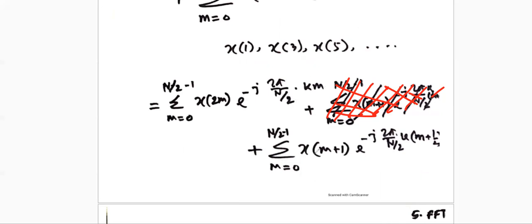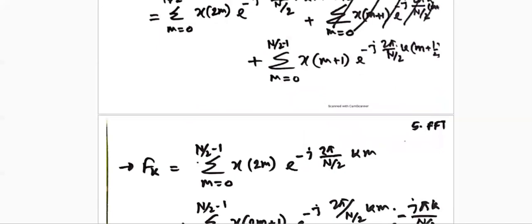On the other hand, for the odd function, this should be x twice m plus 1 e to the power minus j twice pi divided by N by 2 into k times m plus 1. This is 1 divided by 2. Okay, so just correct it. This is 1 divided by 2.